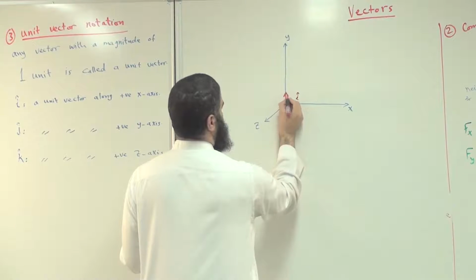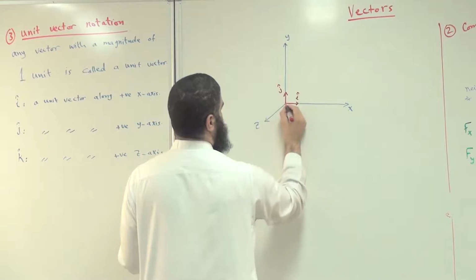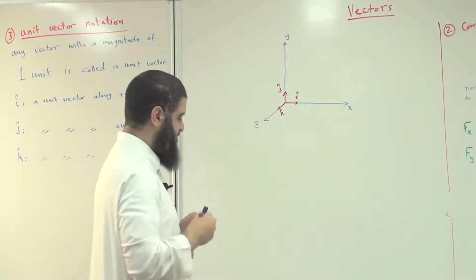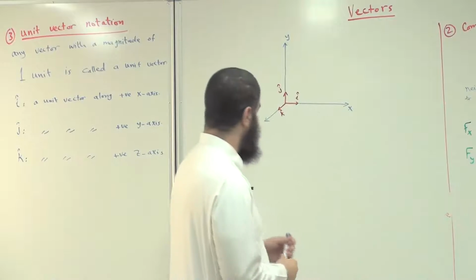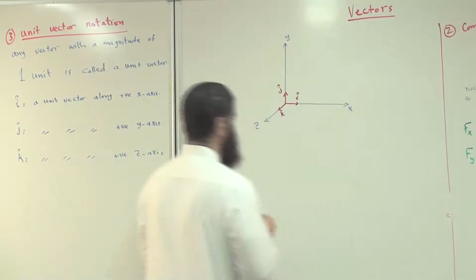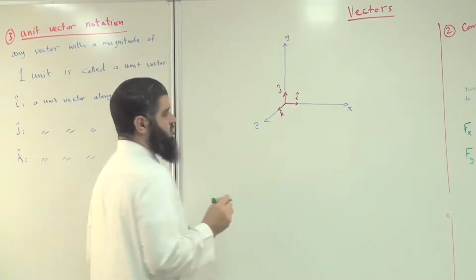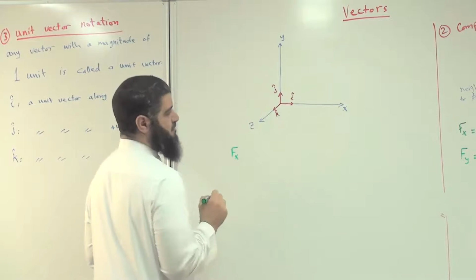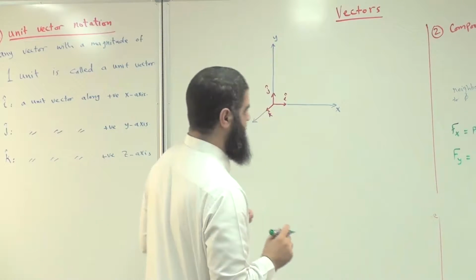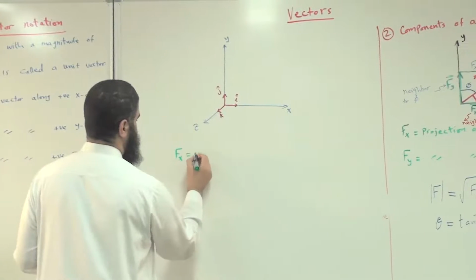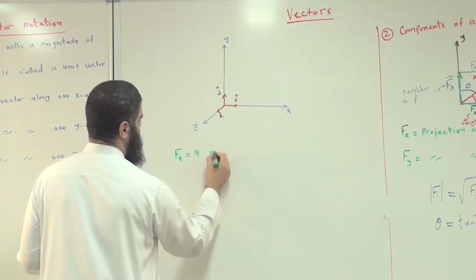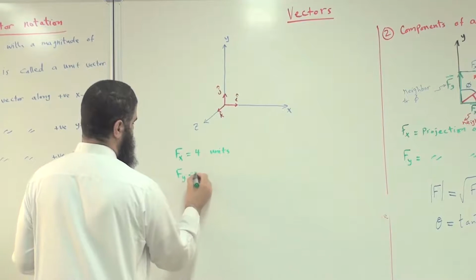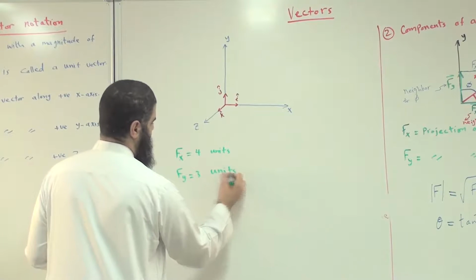Okay, this is the unit vector j, and this is the unit vector k. If I have a vector F which has 2 components, Fx of this vector, for example, has 4 units, okay, while Fy is 3 units.